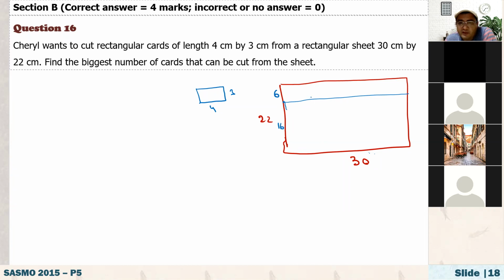So it is 4, and this one is 6 by 30. And this one is 6, right? And here we can divide this into 28. Here we have 28. This one is 2. This one is 6. It is 12. It is a lot. You know, we are wasting 12 centimeters squared of material.